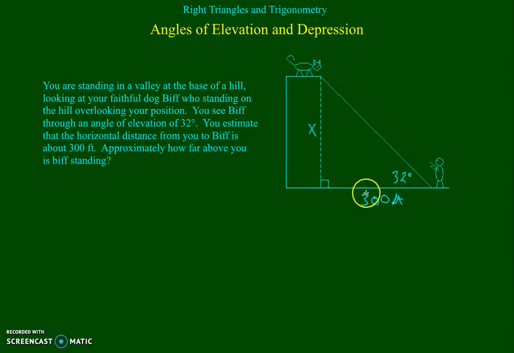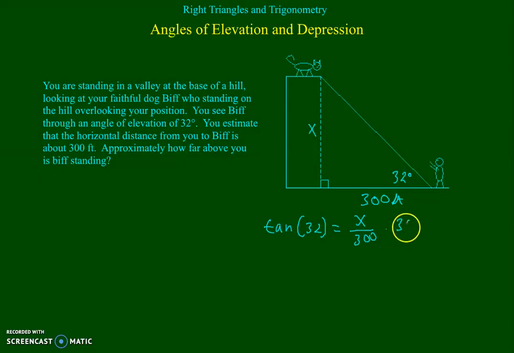Now that means we can go ahead and employ our trigonometric functions to find this distance. So we do the same thing we normally would. We start at the angle, SOH CAH TOA. Sine is opposite over hypotenuse, can't use it, don't have the hypotenuse. CAH, no. TOA, tangent is opposite over adjacent. So tangent of 32 equals X over 300.